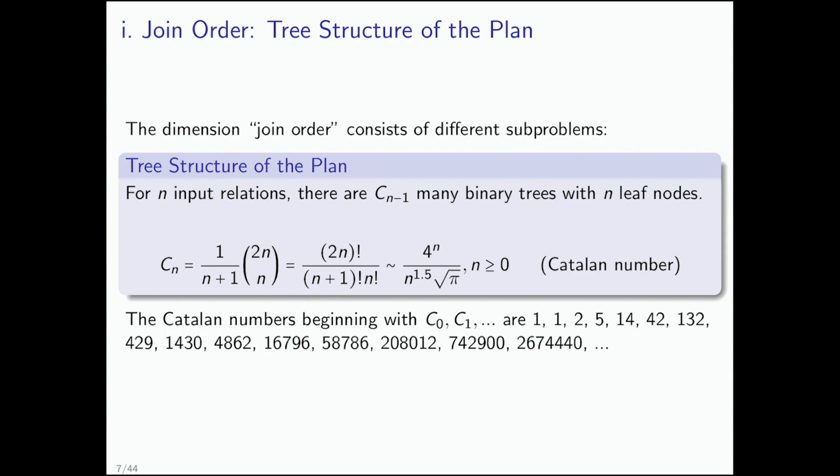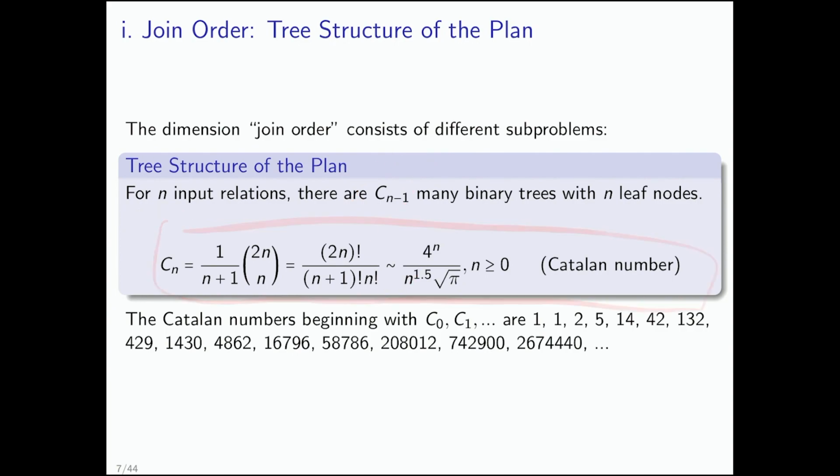So the question is, how many different tree structures do you have given a certain number of input relations? This is determined by the so-called Catalan numbers. If you have n input relations, there are C n-1 many binary trees with n leaf nodes. And that is the formula for that.